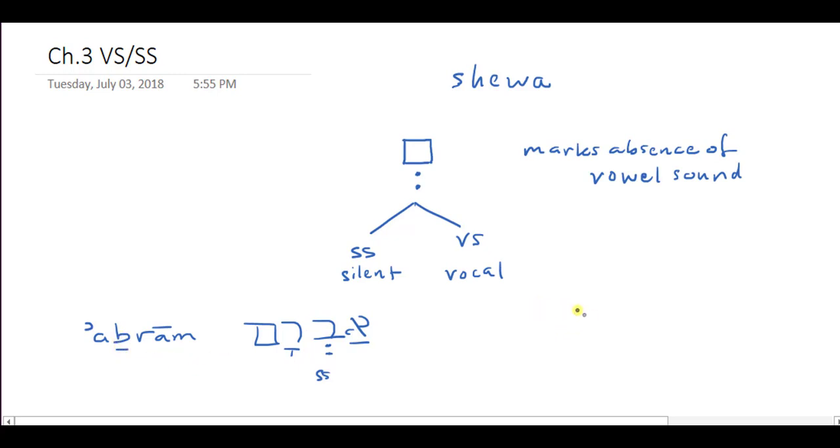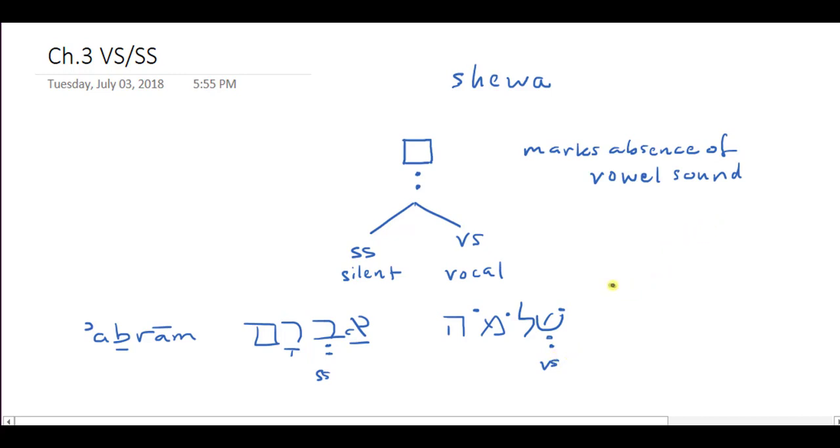Now, over here, I'll write another word where the sheva will be vocal. Here we have the word Shlomo. Here, the sheva is a vocal sheva, and it is going to be pronounced not as a full vowel sound, but as a reduced vocal noise, like a short uh sound.